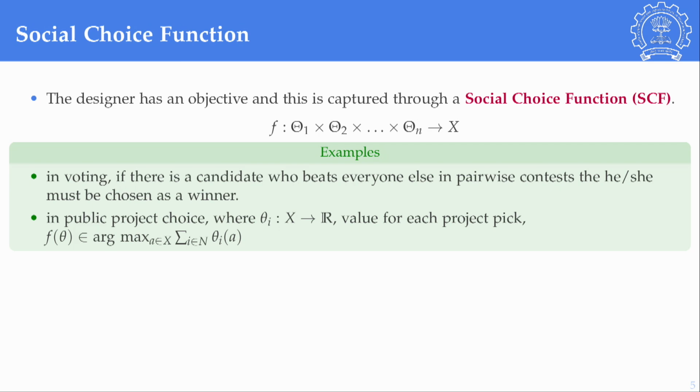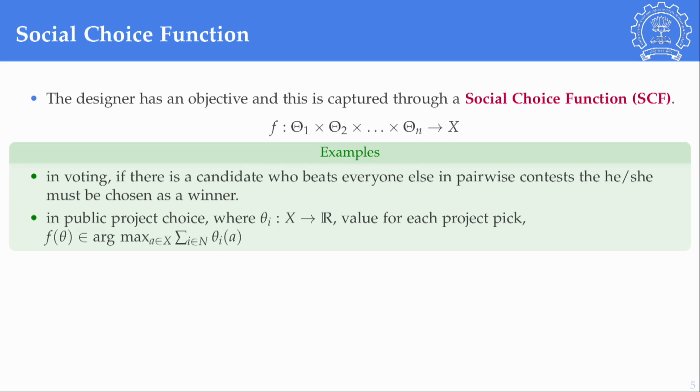I want to pick that outcome that maximizes the sum of the happiness of all the agents. So f theta is the argmax. If most of the people think that the bridge should be built, we should build the bridge, and so on. So these are some examples of a social choice function which is mapping. Now this is part of our mechanism.